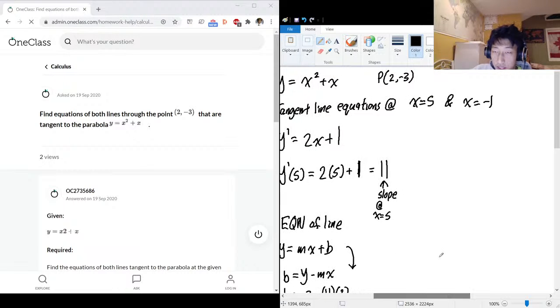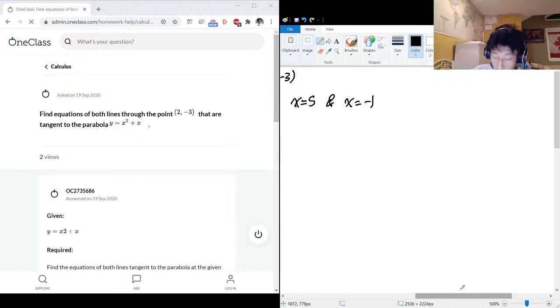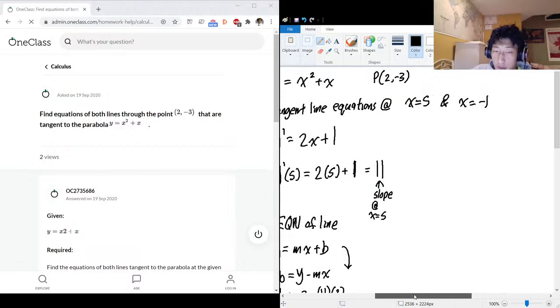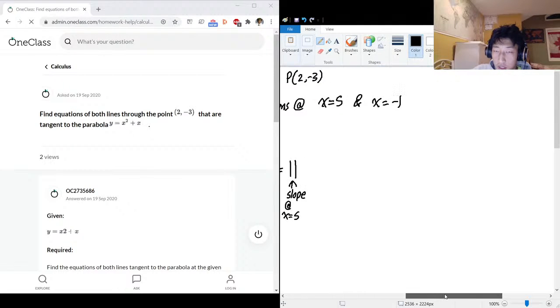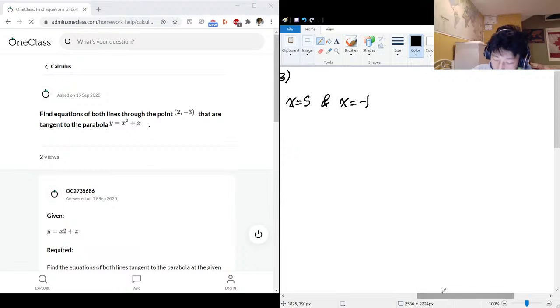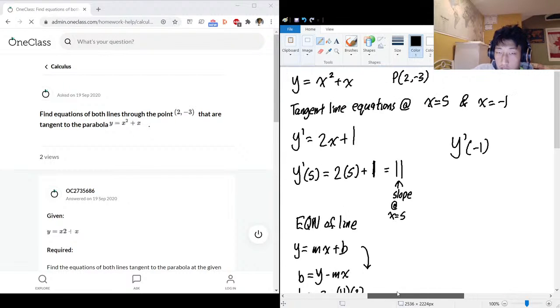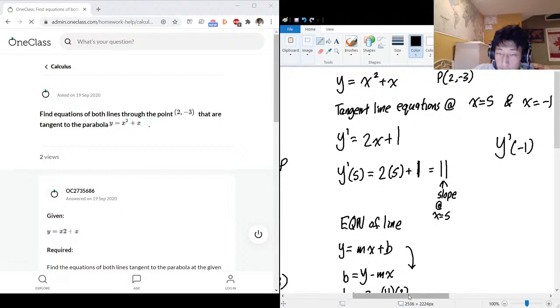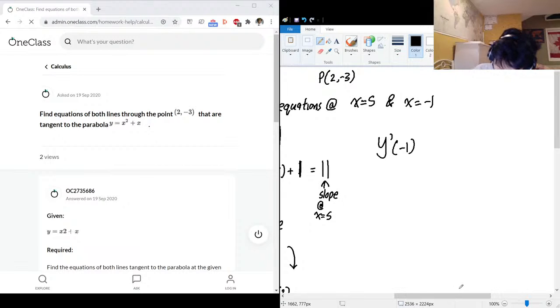Now let's handle the case when x is equal to negative 1. We're largely going to follow the same method that we did for x equals 5. So we're first going to do y prime with a negative 1 for x. Our y prime equation is 2x plus 1, which, with x equal to negative 1 in this case, gives negative 2 plus 1, negative 1.